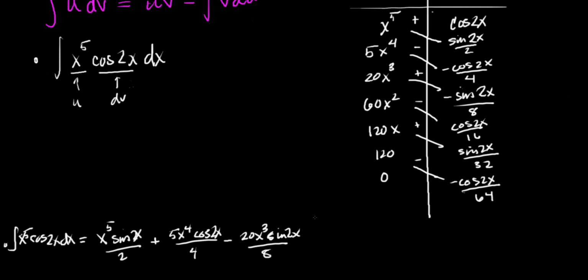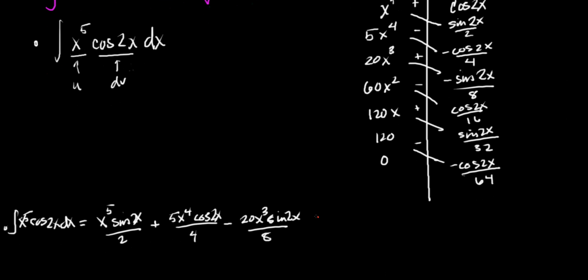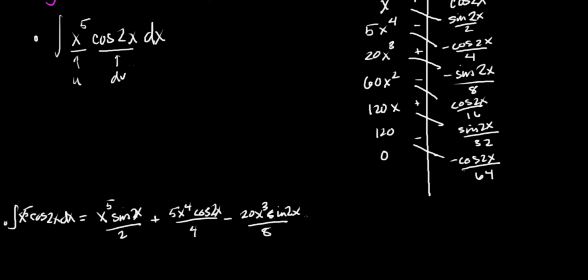And then we have, let's see, minus 60x squared times cosine of 2x, all of that over 16. And then we have positive 120x times sine of 2x all over 32.